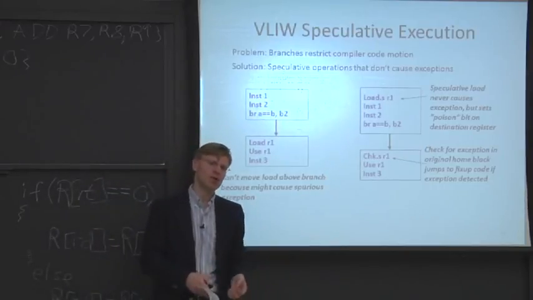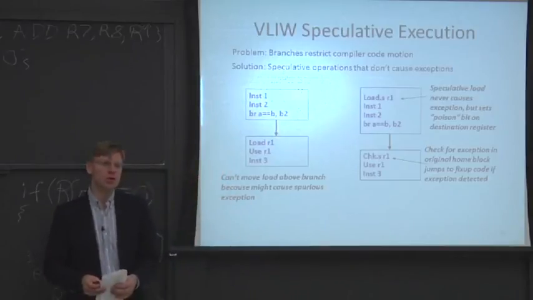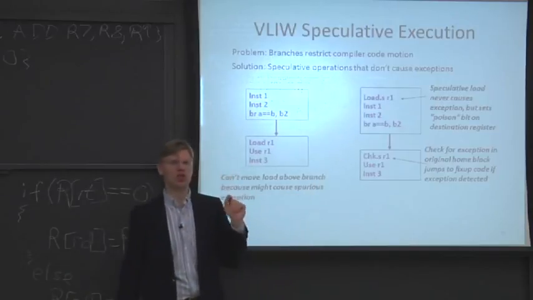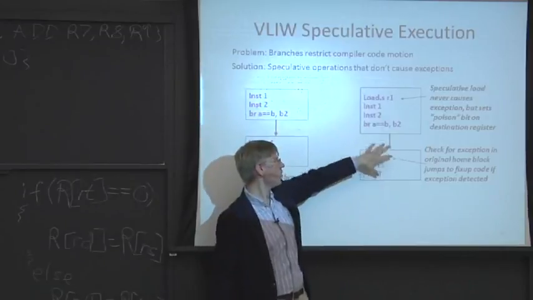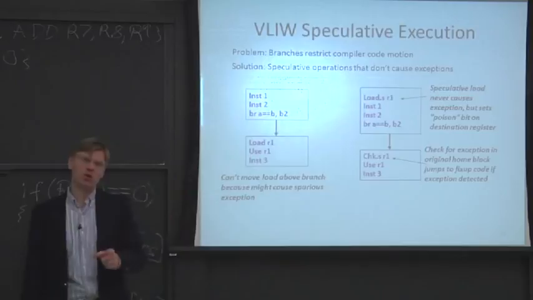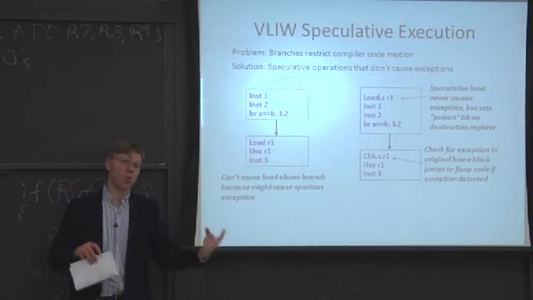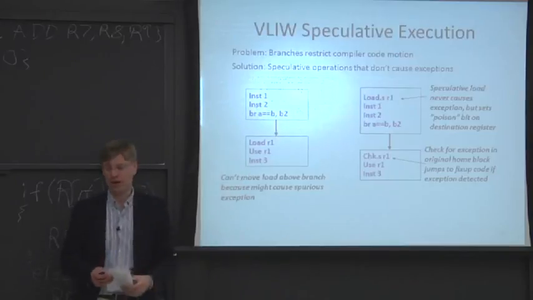If it has not a number in it, or it has this poison bit set, and it's propagated all the way through, at that point you can jump to fix-up code, which can re-execute the load and all of the code you've pulled up, all that speculative code. And that's why you need fix-up code and not just re-execution of the load, because the fix-up code might have to re-execute more than just the load. It might have to execute the load and all the other code you pulled up in front of the branch.